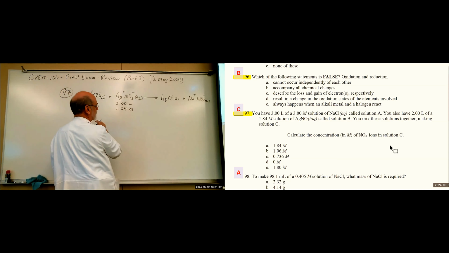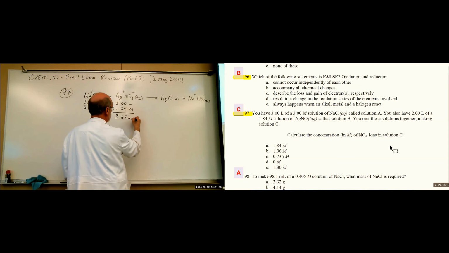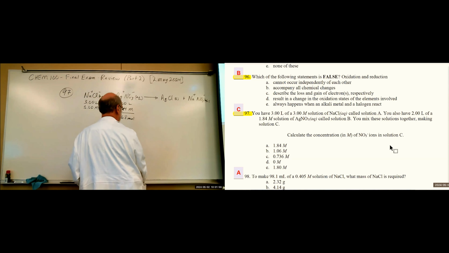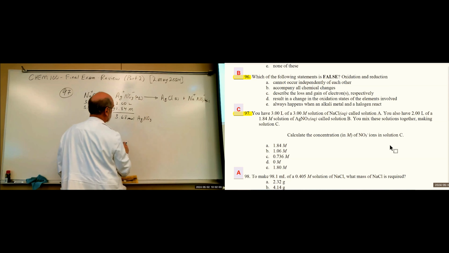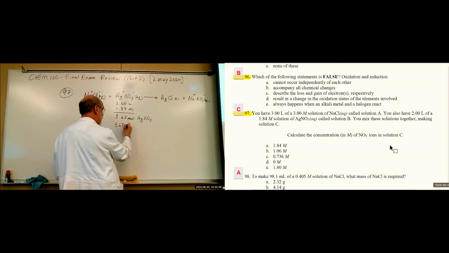So this gives us 3.68 moles of silver nitrate. And since that's in solution and the ratio is 1:1, we also have 3.68 moles of nitrate.